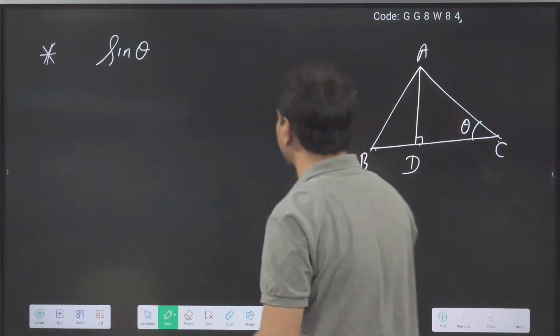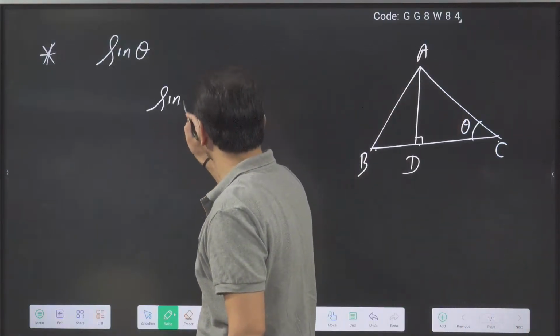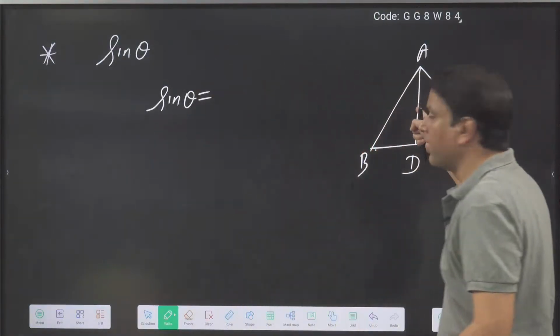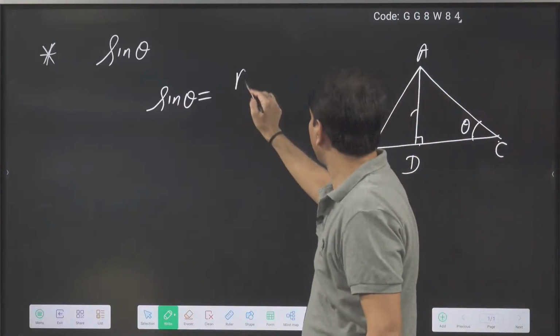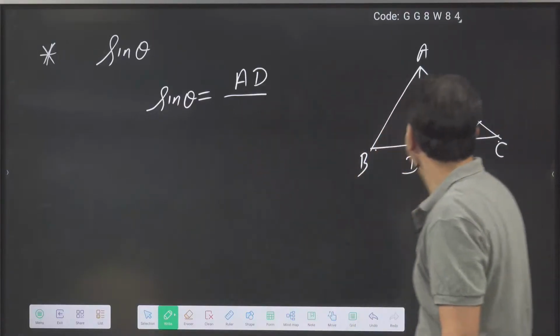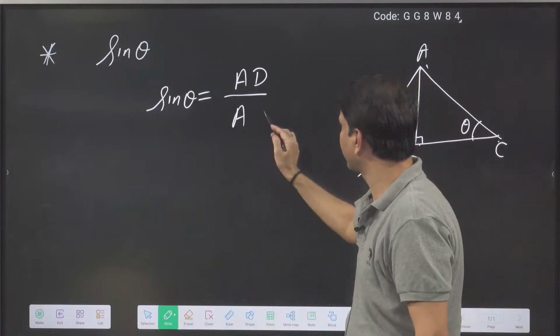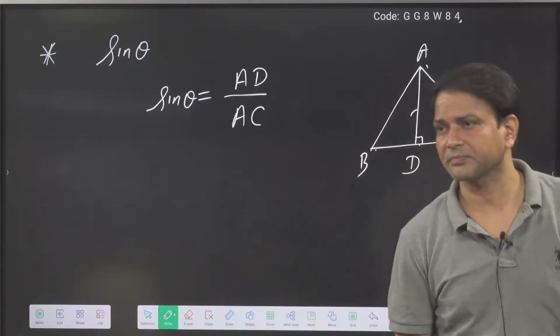What can I write for sin theta? Sin theta is equal to the opposite side, the perpendicular, which is AD, and the hypotenuse for this is AC. So sin theta is AD by AC.